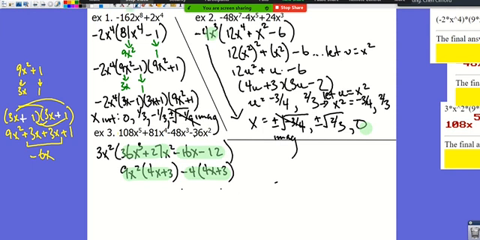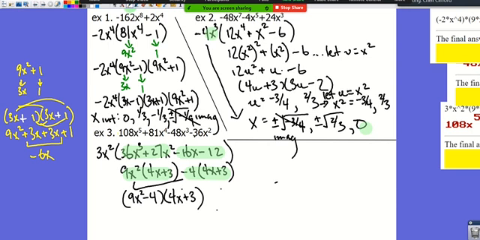We just did that yesterday. Now, this becomes 9x squared minus 4 and 4x plus 3. And don't forget to bring down this 3x squared. I'll actually bring that down at the very end.